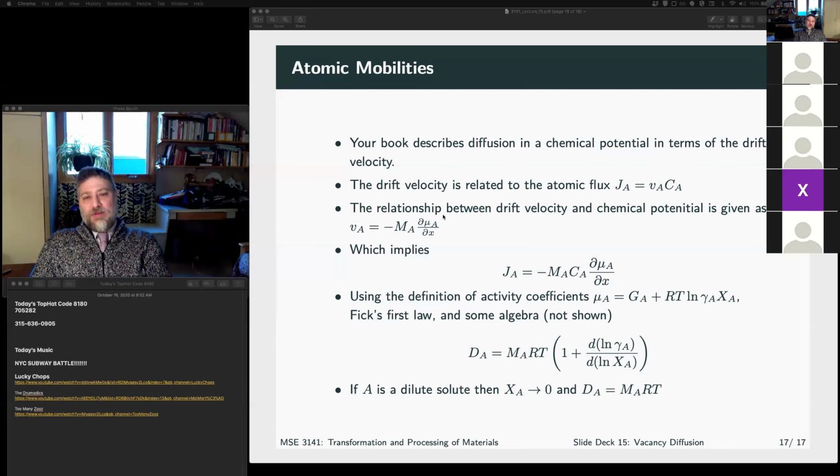What your book does is it develops a relationship between this velocity of the atoms and the chemical potential gradient that they're sitting in.